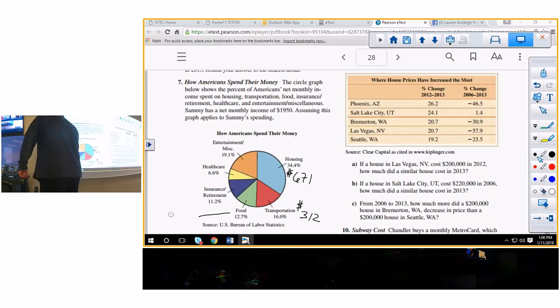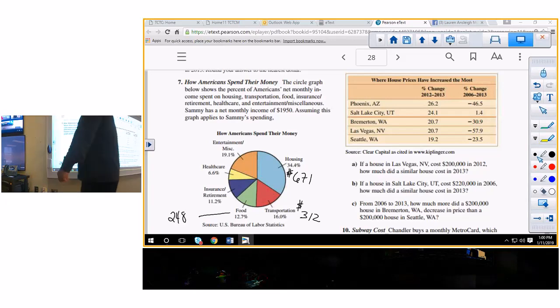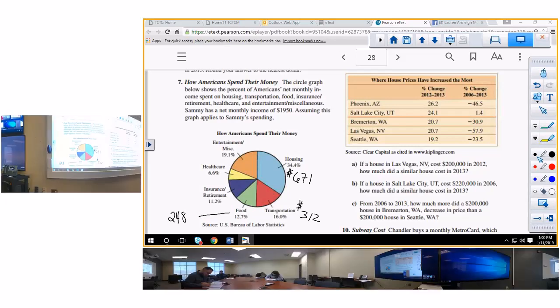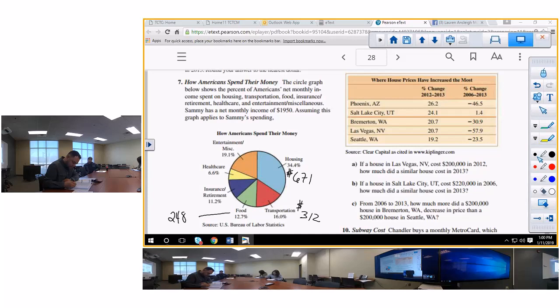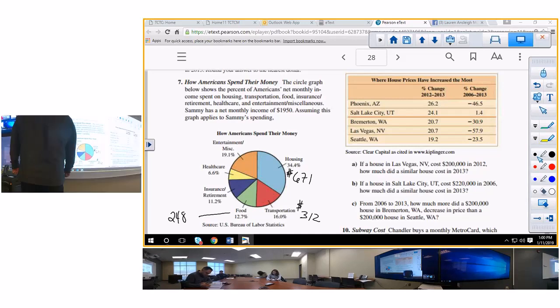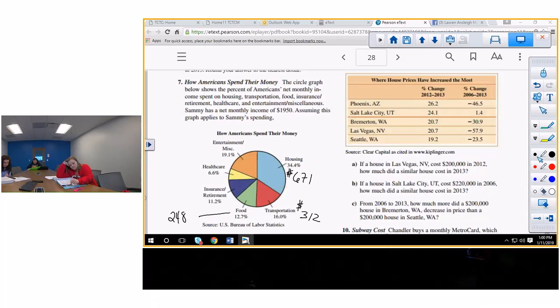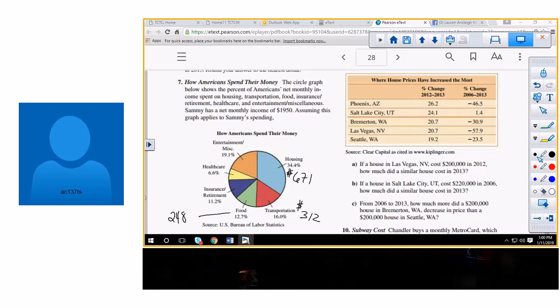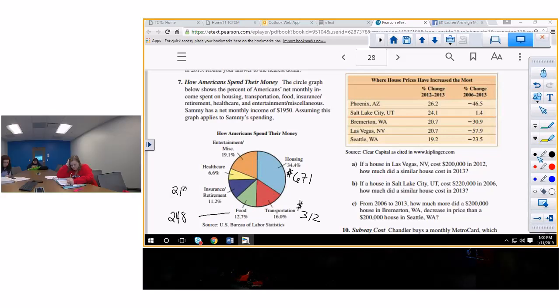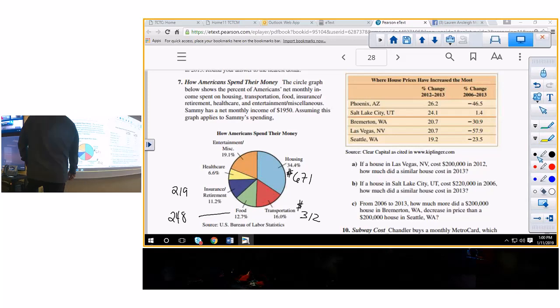And somebody do insurance and retirement. 0.112 times 1950. 219. 0.066 times 1950. $129.